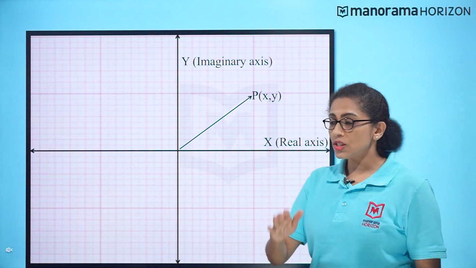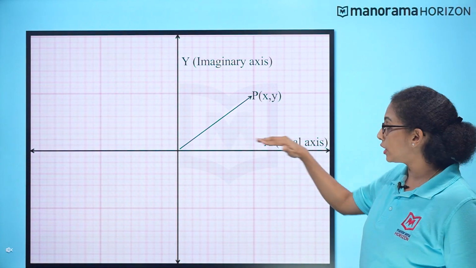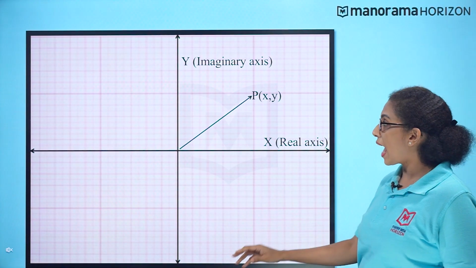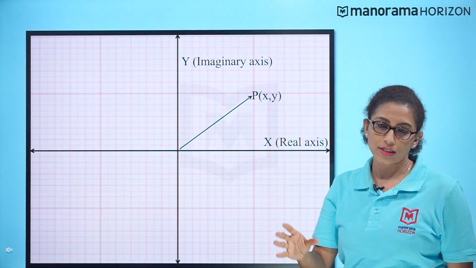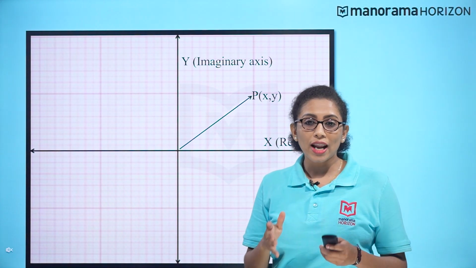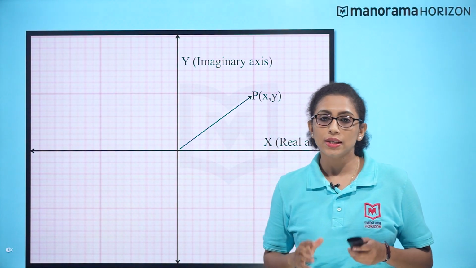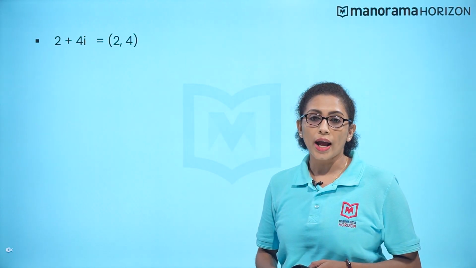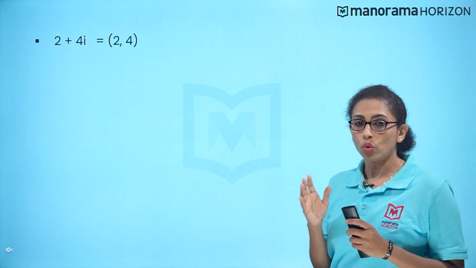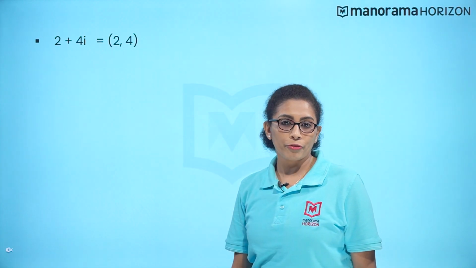And the axis which is horizontal is called the real axis, and the axis which is vertical is called the imaginary axis. Let's have a glance at how it can be done. Take some complex numbers such as 2 plus 4i, which corresponds to what? 2, 4.